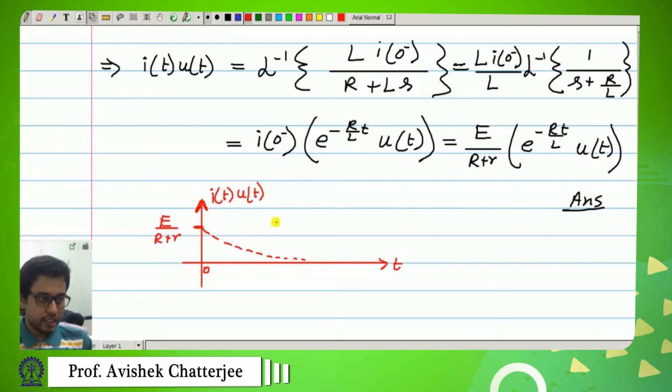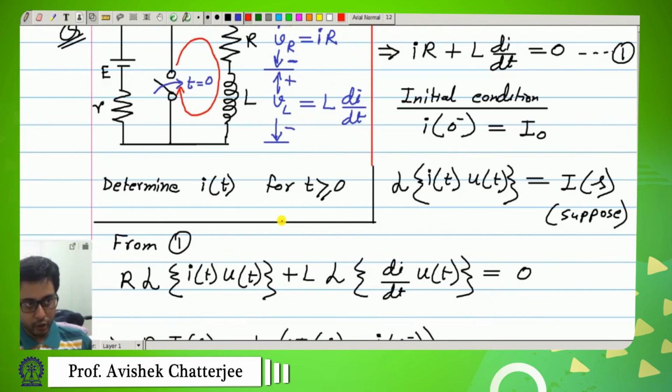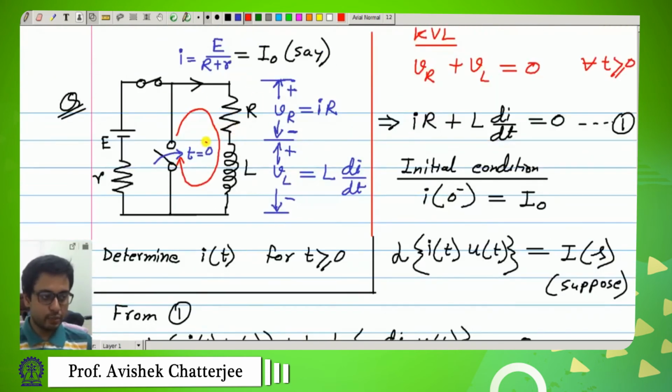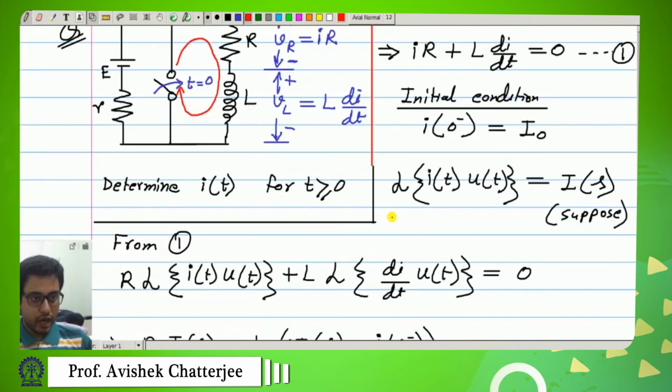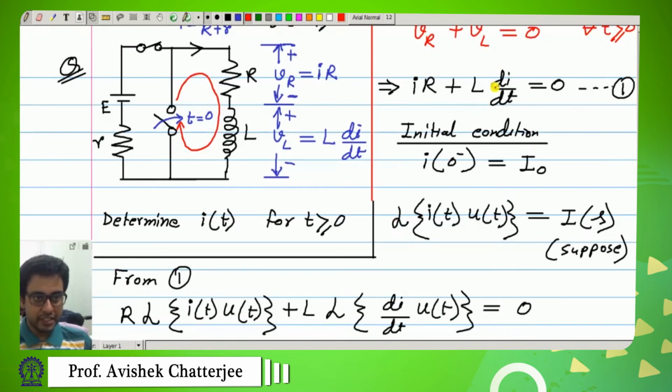Now I just want to make some comments about this kind of circuit problem. After writing this differential equation, we are taking the one-sided Laplace transform. It is always the case that for similar problems we take the one-sided or unilateral Laplace transform, that is by multiplying these signals with u(t).